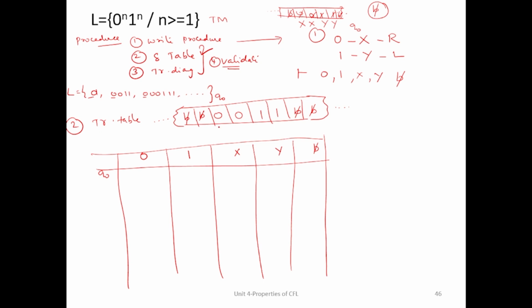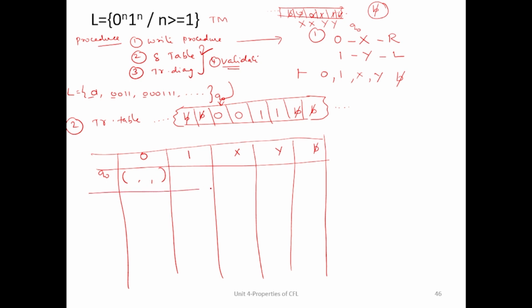Initially, in state Q0, the control head reads the first symbol 0. For Q0 with 0, what is the procedure? I write that 0 will be replaced with X. The output contains 3 parameters: the first parameter is the state, the second parameter is the replacement symbol, and the third parameter is the direction.